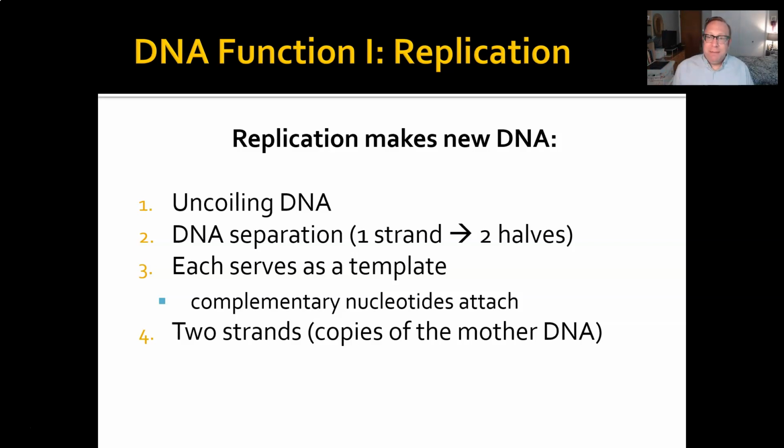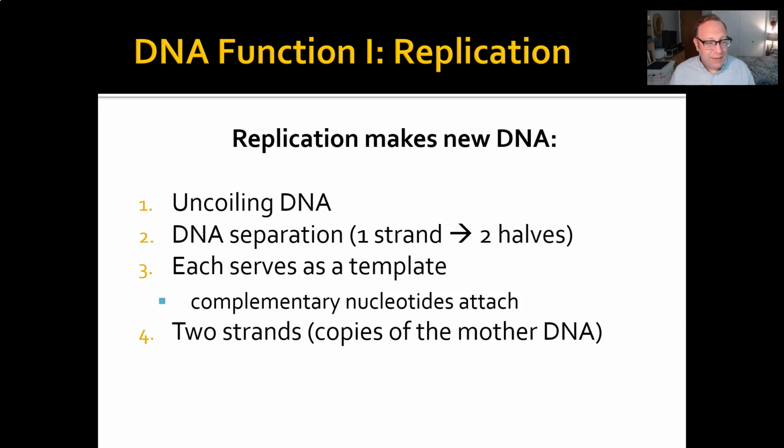The first thing that happens is the DNA uncoils, so it untwists, okay? And it starts to unzip at one end until it unzips completely in half. So whereas you had one double strand of DNA, now you have two single strands of DNA. Just unzips, just like a zipper.